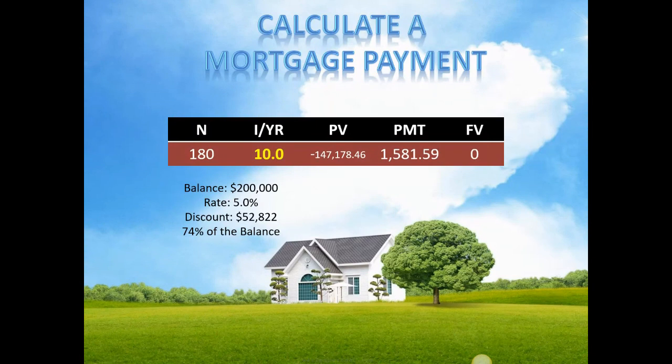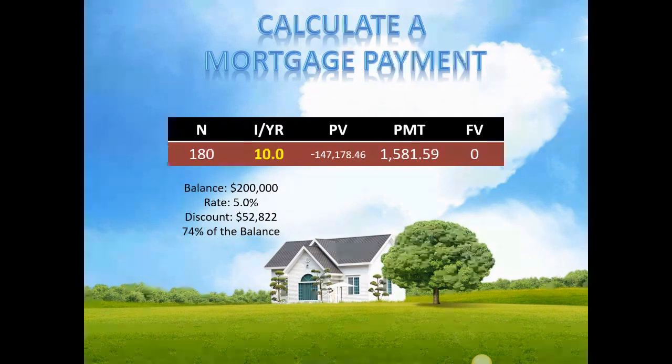So in this scenario, if I want to earn 10%, I'd have to offer the bank $147,178 for the note. If the bank accepted my offer, then in fact, my $147,000 will be collecting $1,581 a month for the next 15 years, and that works out to be a 10% return.